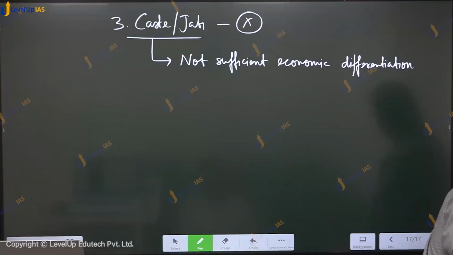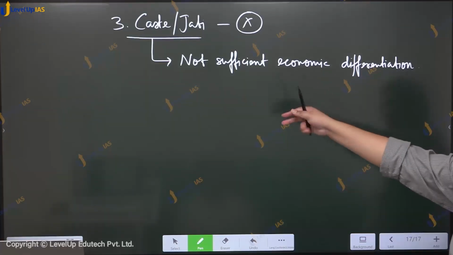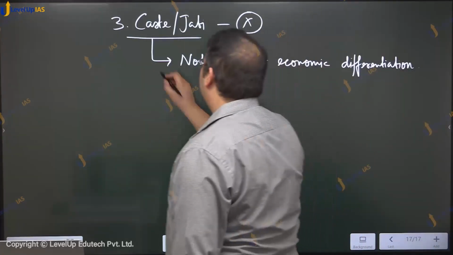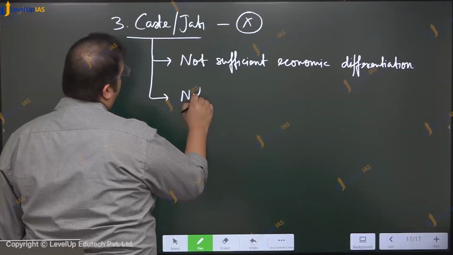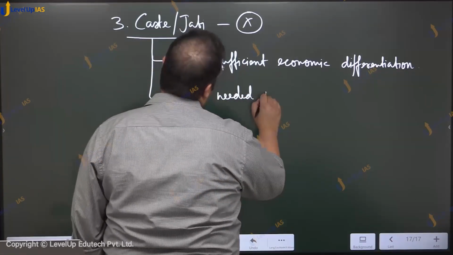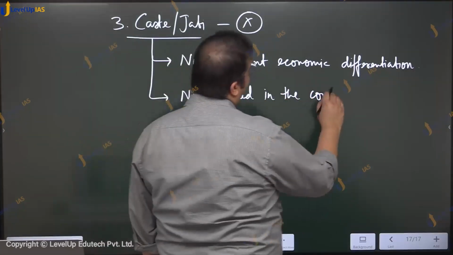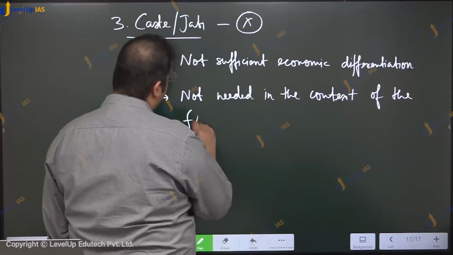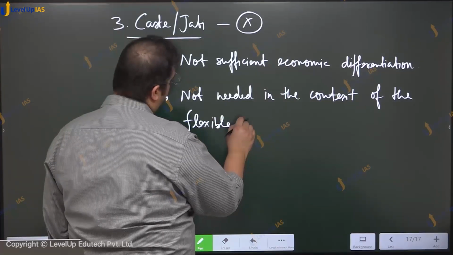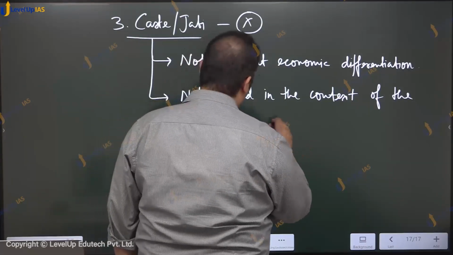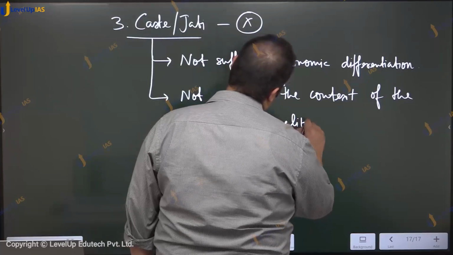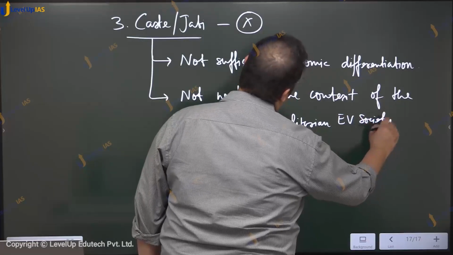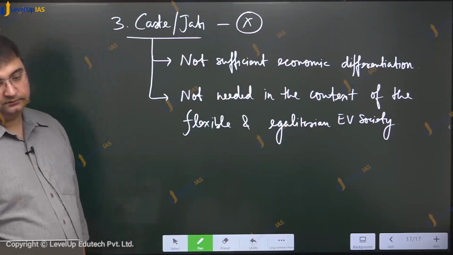Egalitarian or hierarchical? Egalitarian. Therefore कास्ट के लिए कोई ideological justification, ideological need भी नहीं feel हुआ उस समय, right? So it was not needed in the context of the flexible and mobile, or flexible and egalitarian early Vedic society. ठीक है?